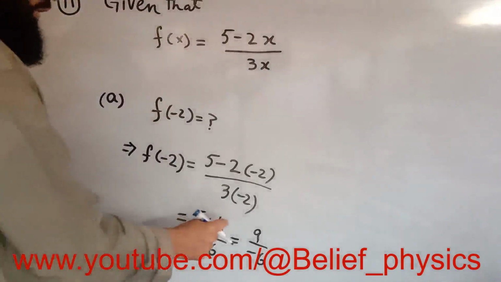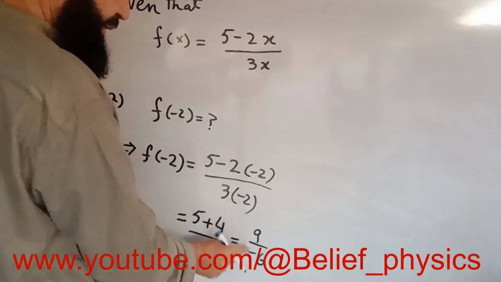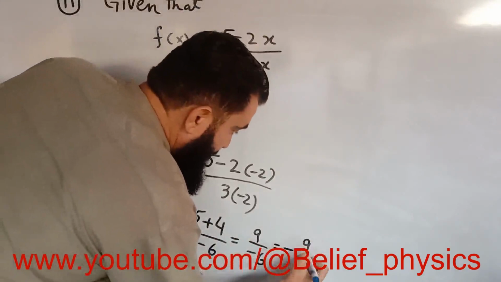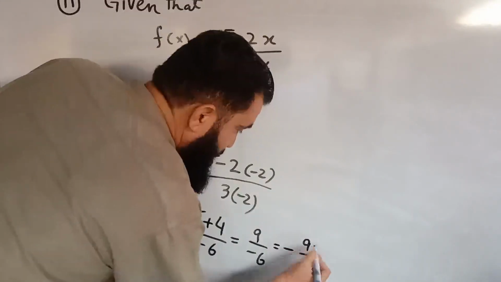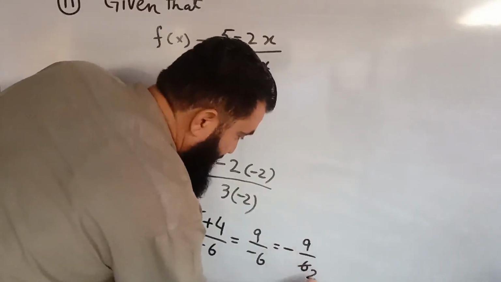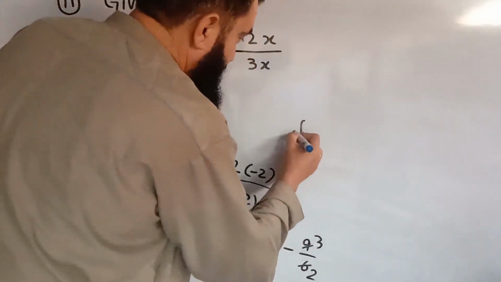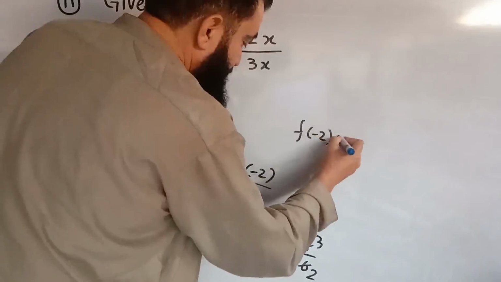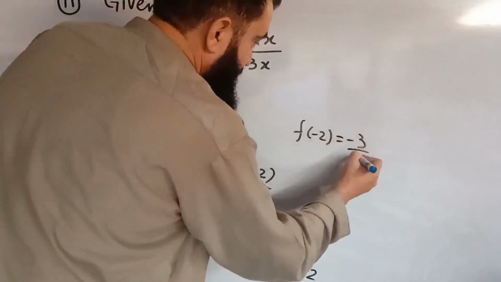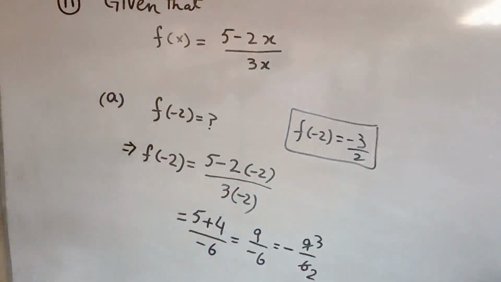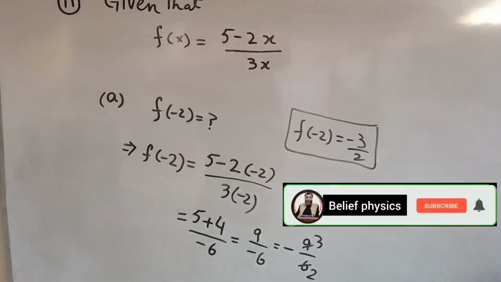When we divide, plus minus becomes minus. So this will become minus 9 over 6. We can simplify it by 3. 3 2s are 6, 3 3s are 9. So therefore f of minus 2 is equal to minus 3 over 2, and this is the answer of part a. The answer of part a is minus 3 over 2, which is f of minus 2.